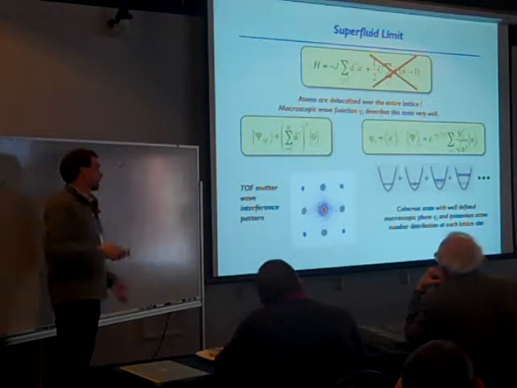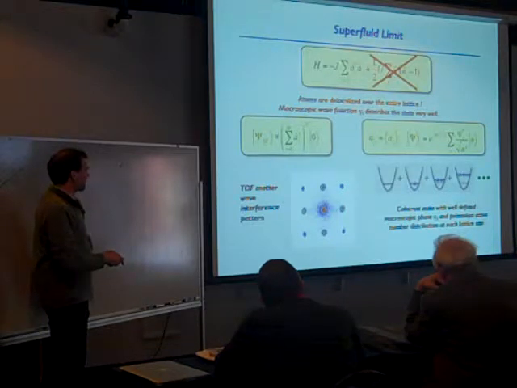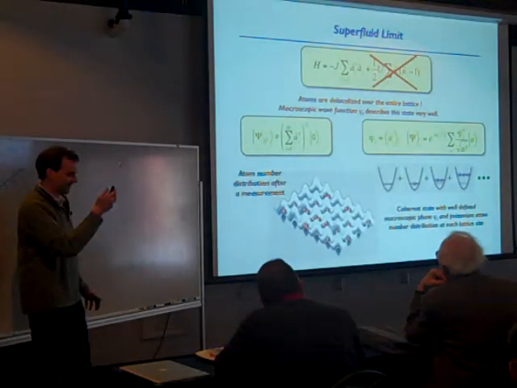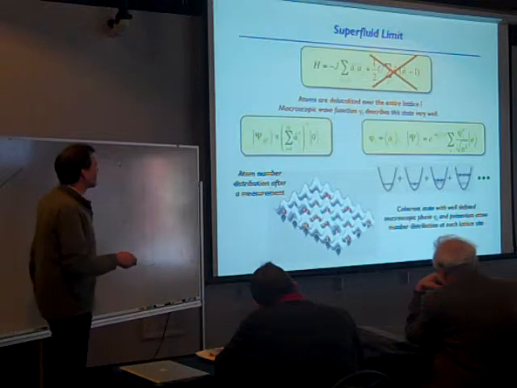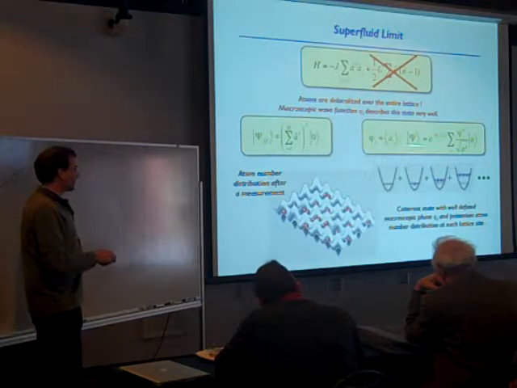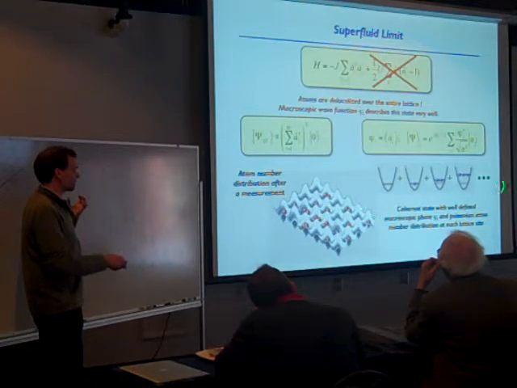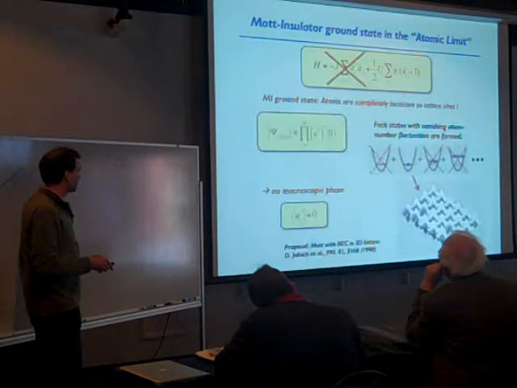So that means that if my microscopic phase is known, then my atom number is maximally uncertain, and this is exactly reflected by this coherent state.